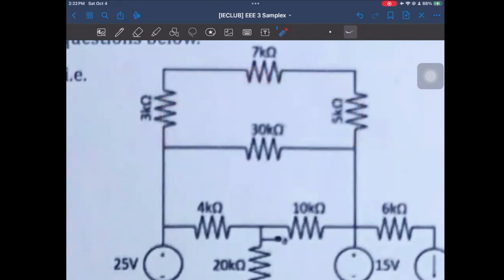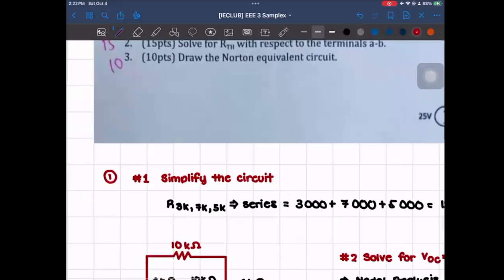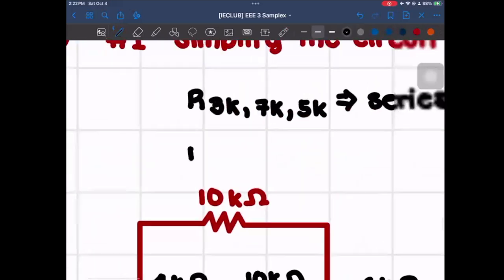And then that means that since we are able to simplify it in that way, we could actually combine the 15K ohms with the 30K ohms here as they are connected in parallel. So that would be our 15K and 30K in parallel.